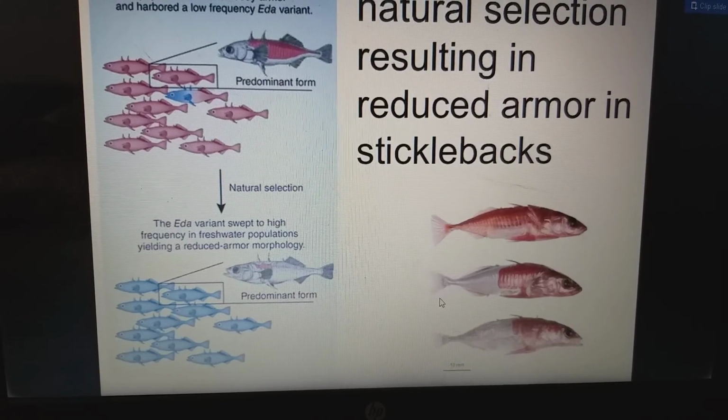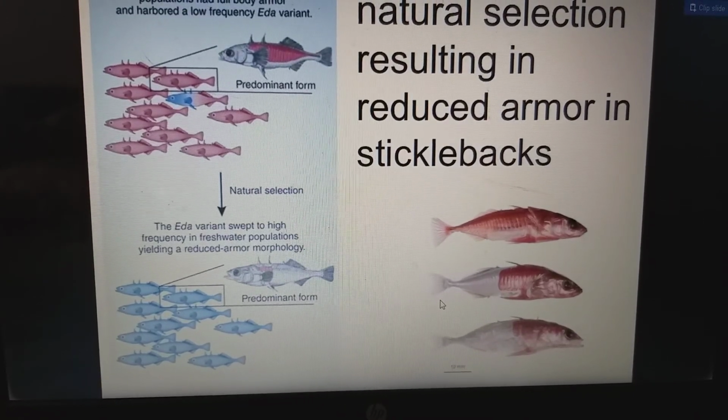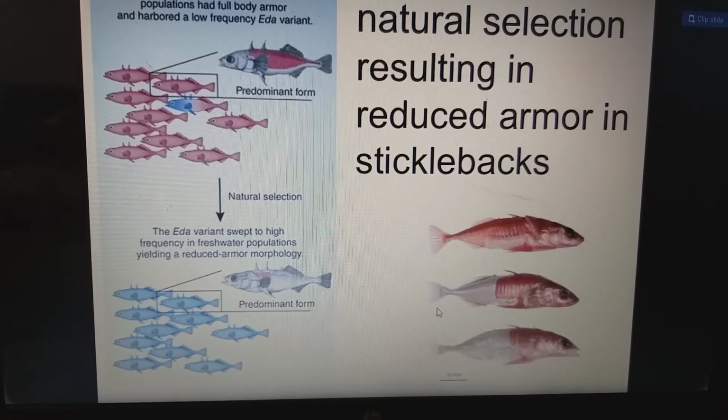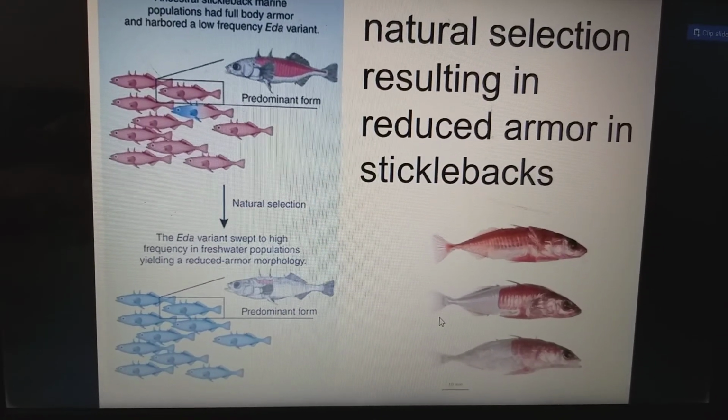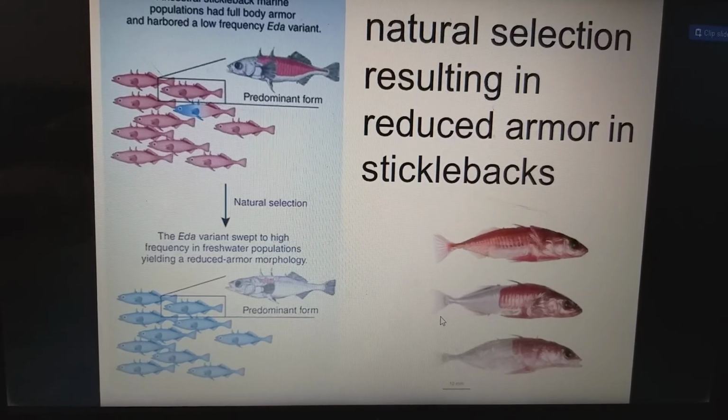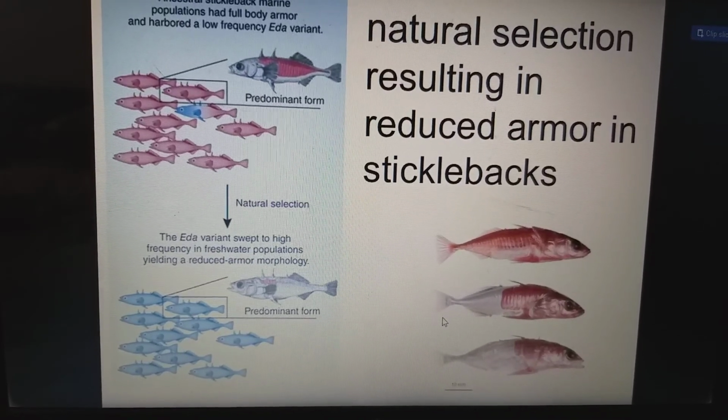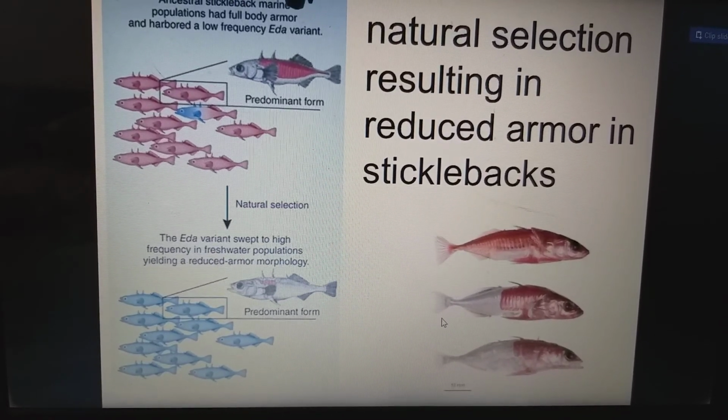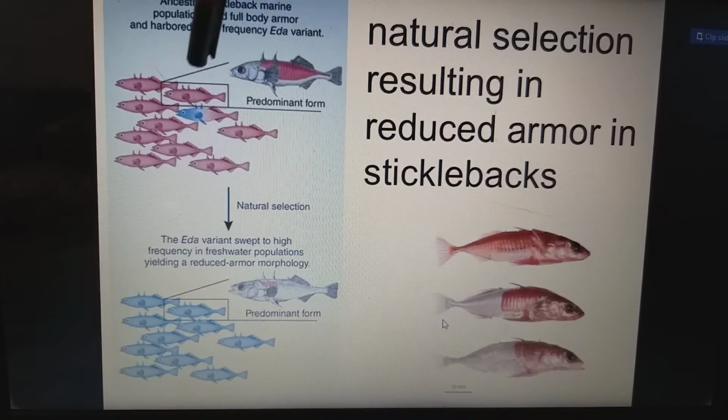Natural selection results in reduced armor in sticklebacks. In this picture, we can identify that the ancestral stickleback marine population had full body armor and harbored a low frequency Eda variant. This is the predominant form.